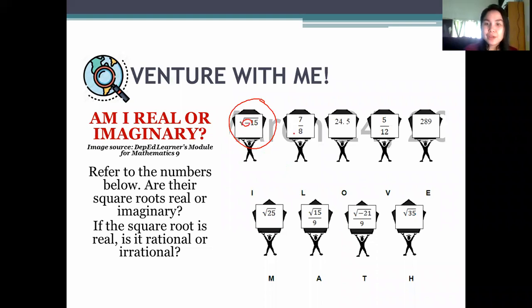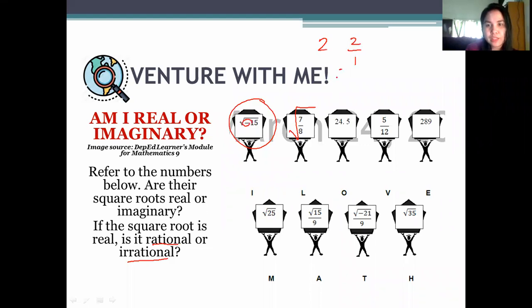Next, square root of 7 over 8. Real or imaginary? Very good. It's real. The next question, is the square root rational or irrational? If you say rational, you can write the square root as a fraction of 2 integers. For example, if the square root is 2, that is 2 over 1.